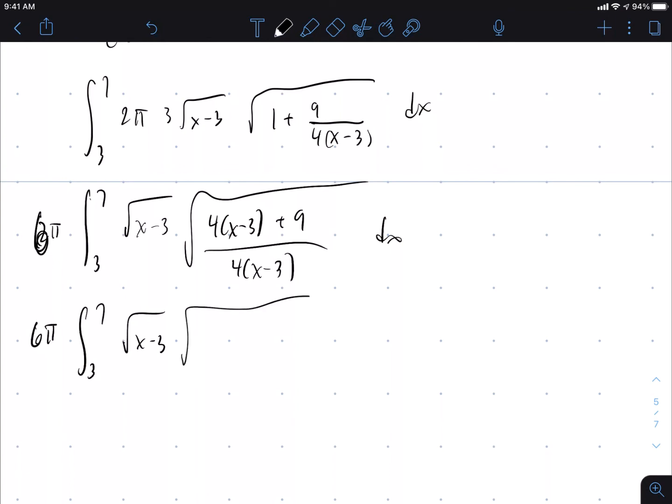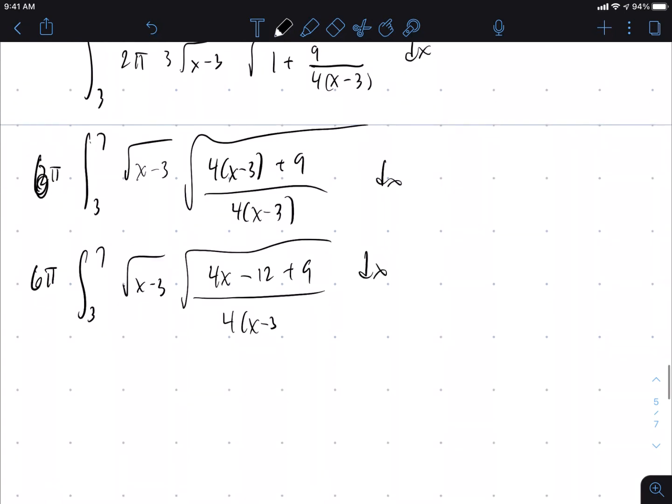What is that, 12 plus 9 over 4x minus 3? What does that do for me?